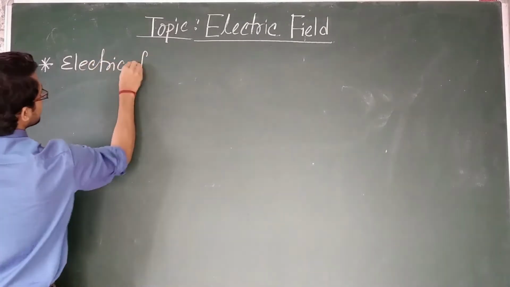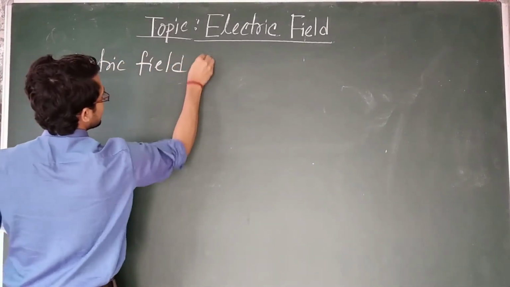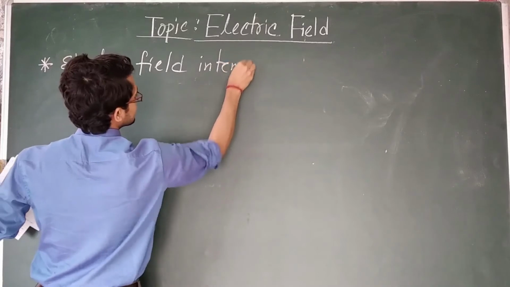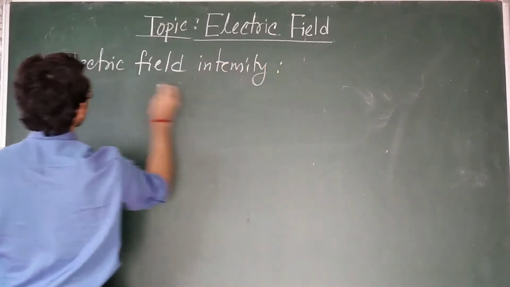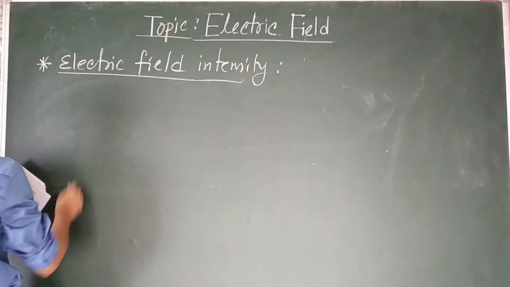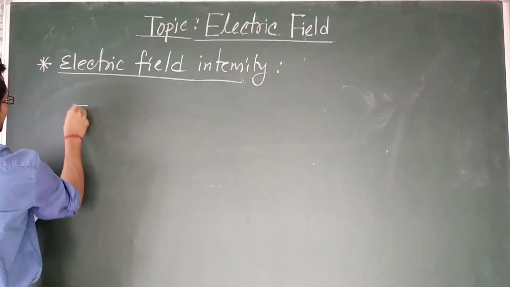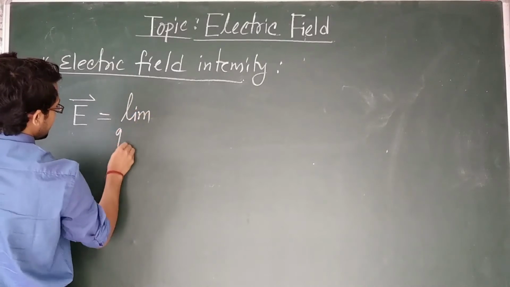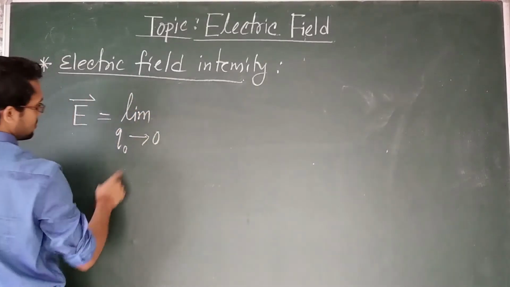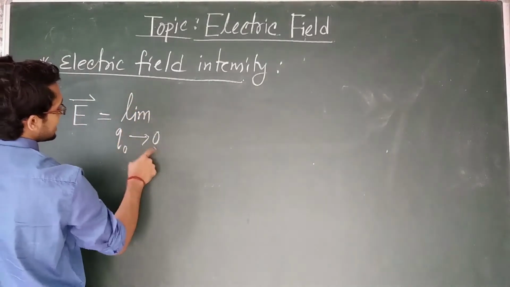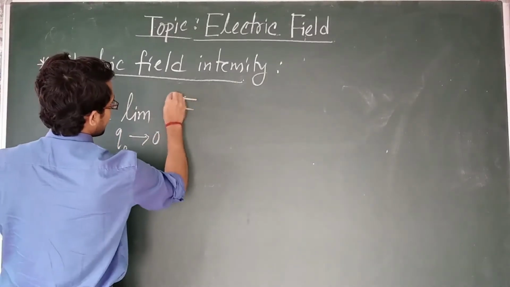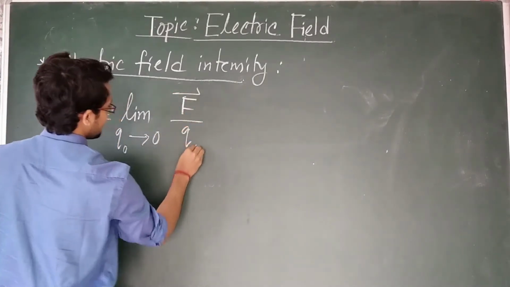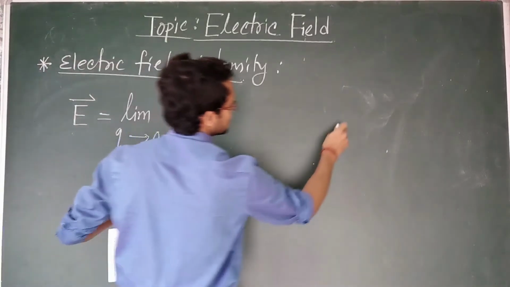Electric field intensity is defined as E equal to, with Q0 tends to 0, a very small charge, F by Q0. What is F and what is Q0?